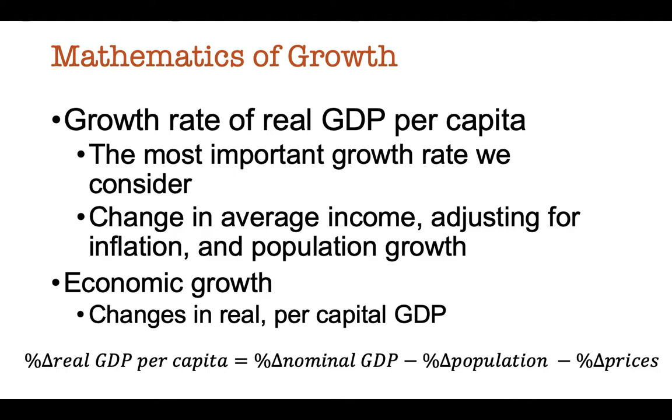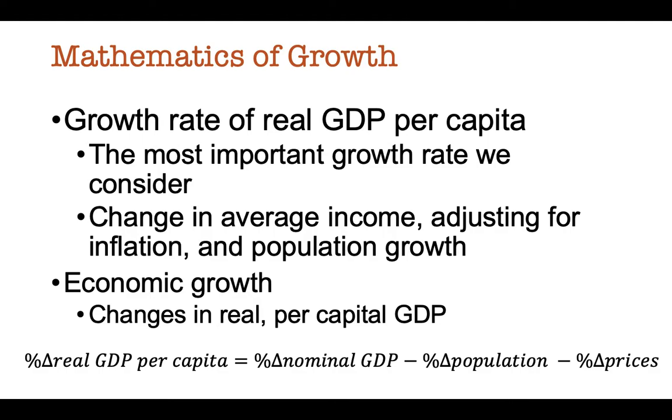So interestingly enough, the percent change in prices, if you remember from the last topic, 2.3 on inflation, that is our definition of inflation. So another way to write this last term in the equation is subtract out inflation. So you can write this as economic growth equals this long equation, and you can change that last term to inflation. So you need to connect the vocab words to what they mean. It makes these equations a little bit easier to memorize.